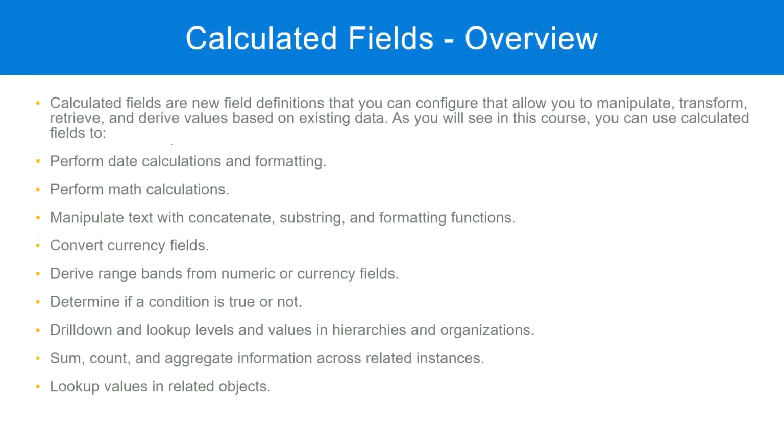How many days have elapsed between the 1st of January and today? How many days have elapsed in a month? So all these calculations can be done. You can change the date formatting, like YYYYMMDD, which is the default format in Workday. You can change it to any other date and time format using calculated fields.